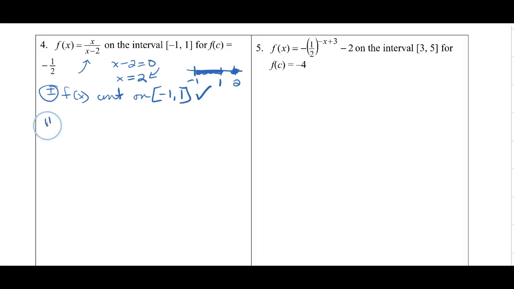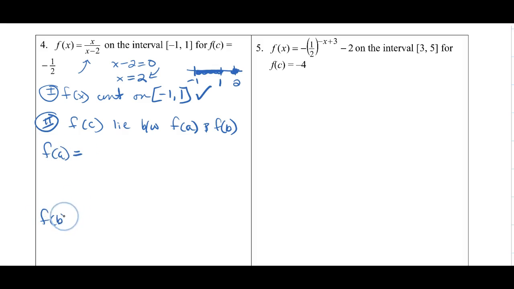Number 2, does f of C lie between f of A and f of B? To do that, I need to find what is f of A and what is f of B, and check, does f of C, which is given as -1/2, lie between them?